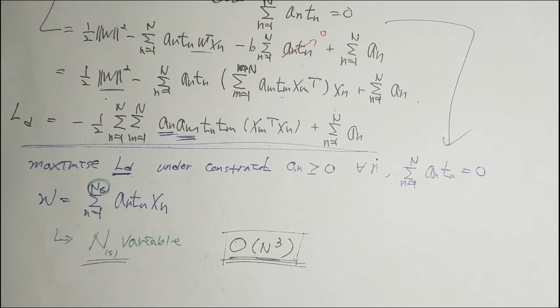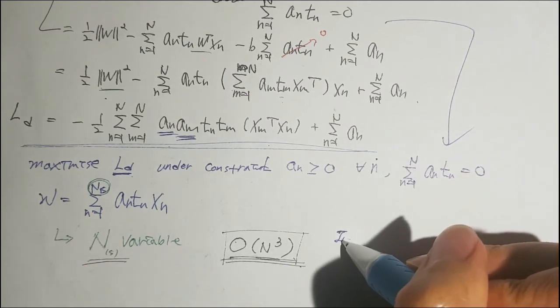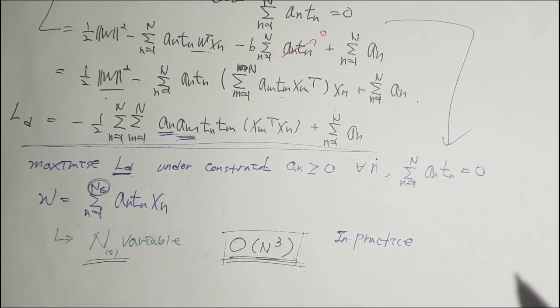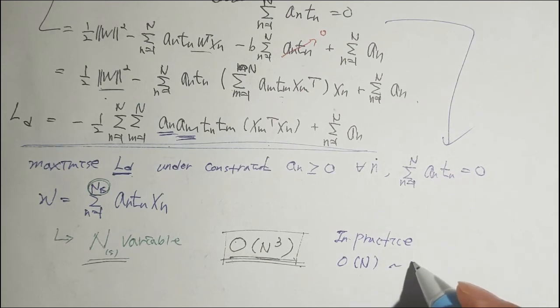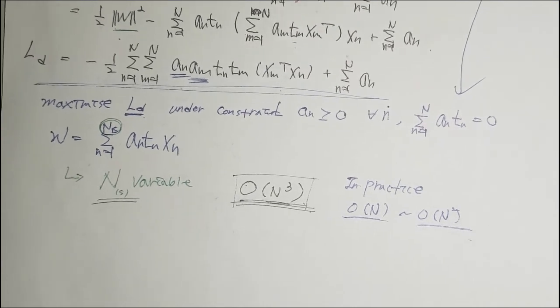So it is really helpful if the dimension is really high, right? And even in practice, we only need to calculate from this one to here. This is thanks to quadratic solvers.